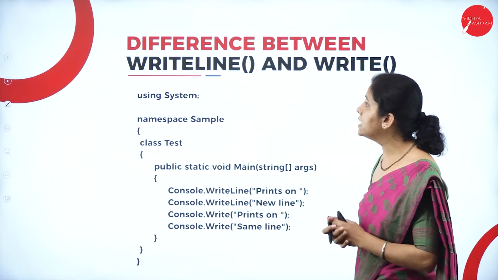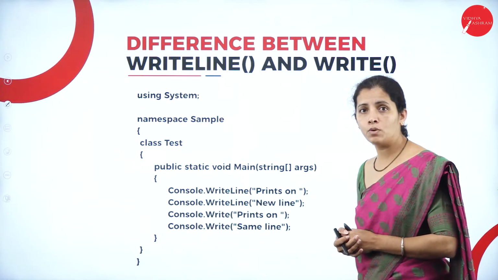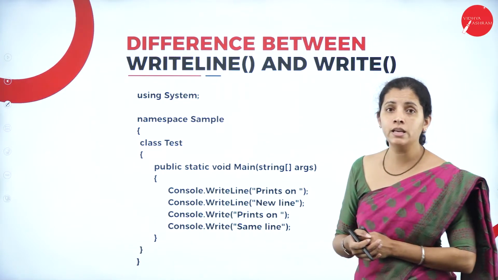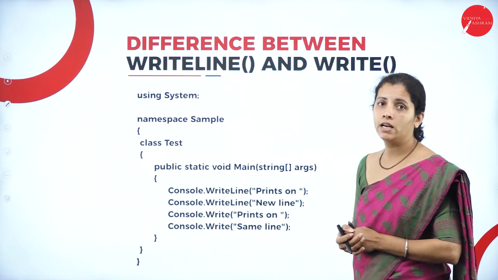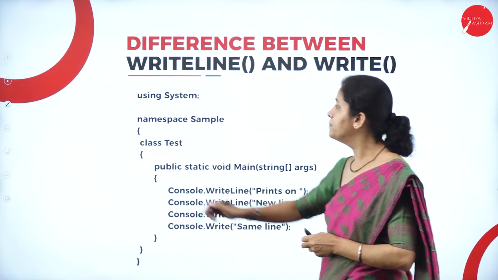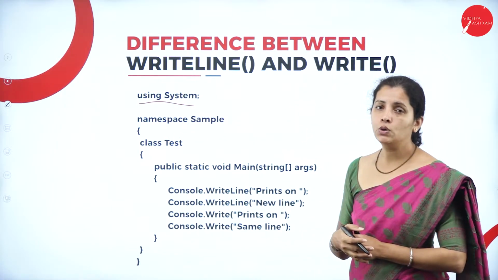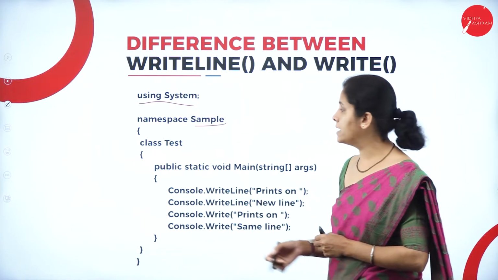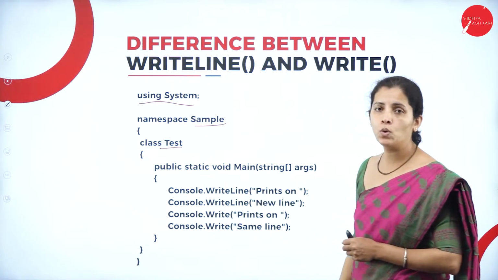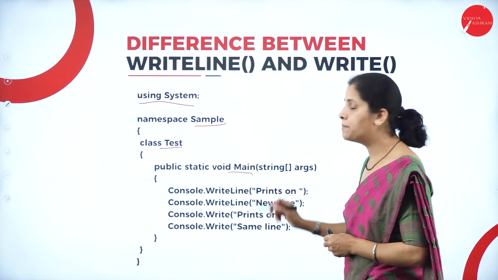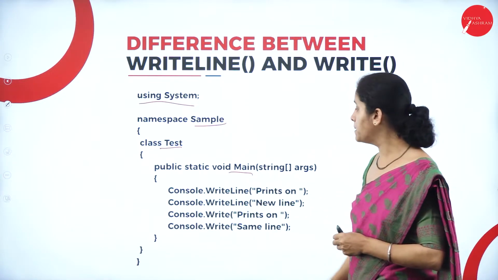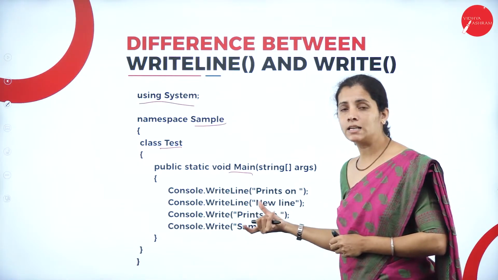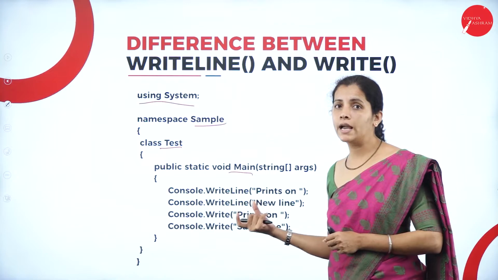Now, dear student, let me consider another program, and it is mainly used to get the difference between the WriteLine and Write methods. See here, I'll start with using System, and what is my namespace? That is Sample, and I'm going to create my own class. See, I have the Main method. Inside this Main method, I'm going to have WriteLine as well as Write method. So what is WriteLine?